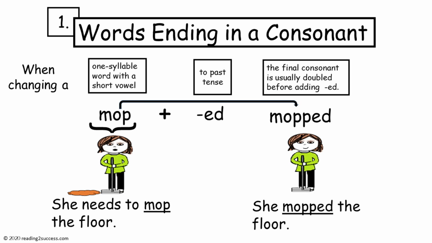In our example, mop, the final consonant is P, and we doubled it and then added ed to make the word mopped. Our two examples are, she needs to mop the floor and she mopped the floor.